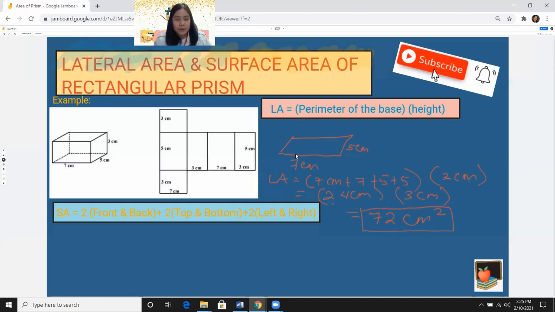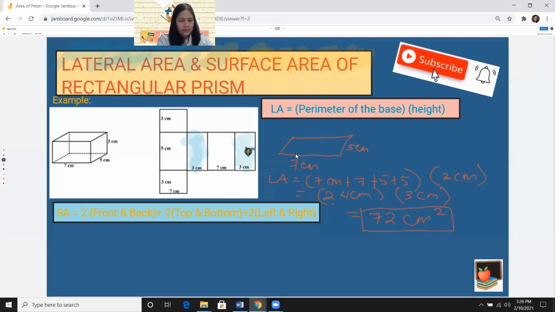Now we're going to get the surface area. For the surface area, the formula is 2 times front and back. For the front and the back of this rectangular prism, we're going to highlight them so that you can see them. Just imagine this is the front and the back, the blue one.